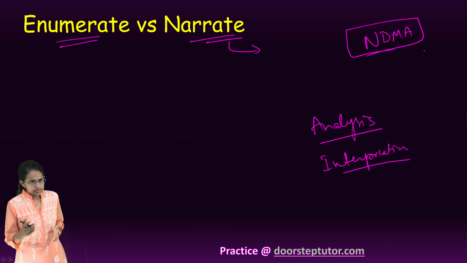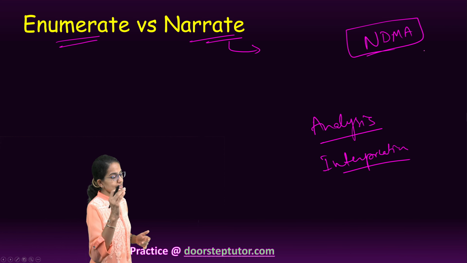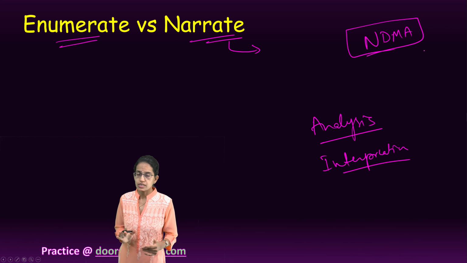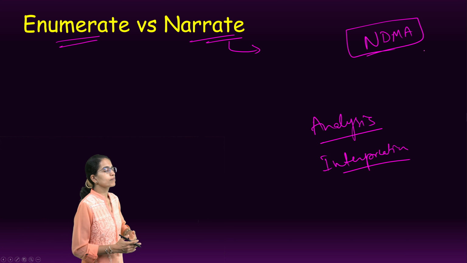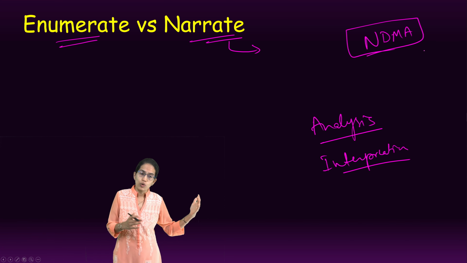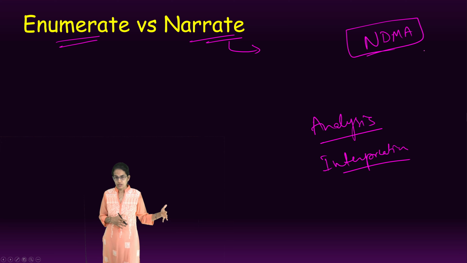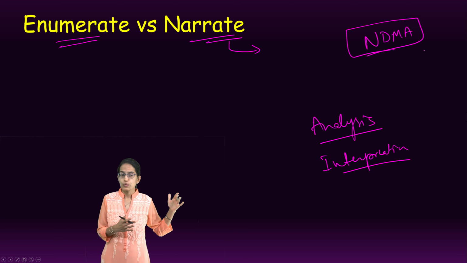Now rather than just enumerating that yes, these are the important things that have been mentioned in the guidelines under disaster management, what you must bring in is, let's say if I'm talking about urban flooding, what are the countries which are most vulnerable or facing these issues severely, and what those countries are doing to rectify it.